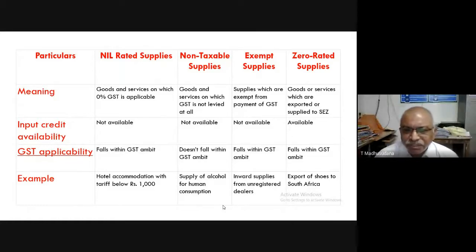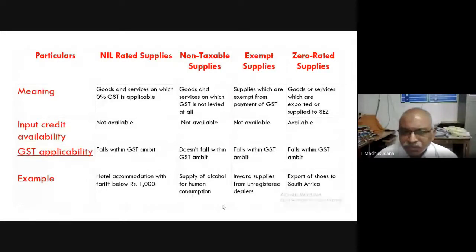It is 0%. Okay. Next, non-taxable supplies means goods and services on which GST is not levied at all. Those goods and services are known as non-taxable supplies.